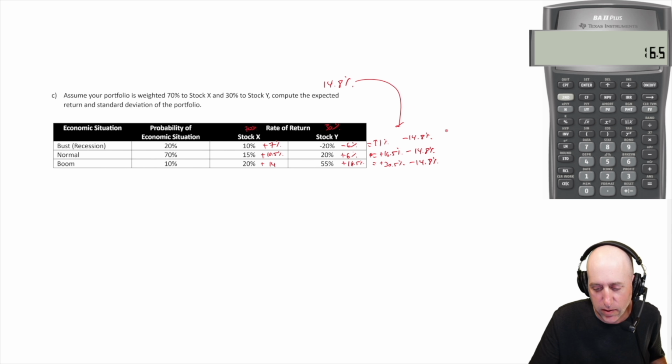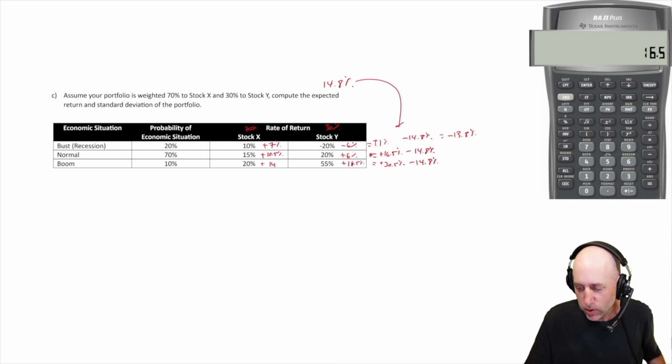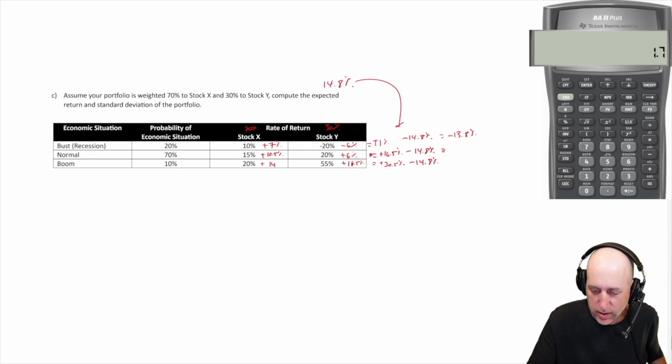So 1% minus 14.8% is negative 13.8%. 16.5 minus 14.8 is 1.7 positive. 30.5 minus 14.8 is 15.7.